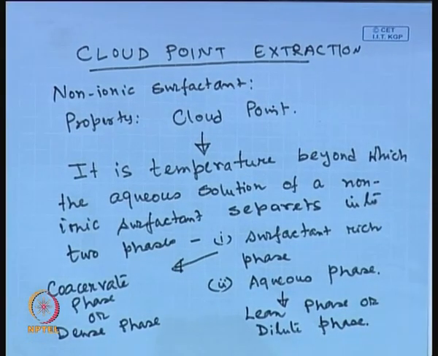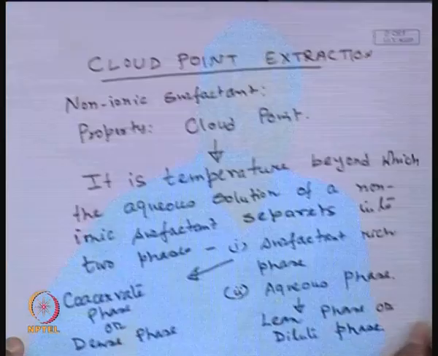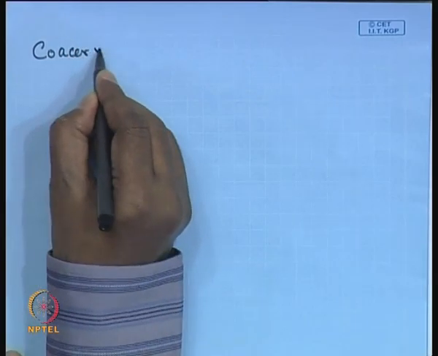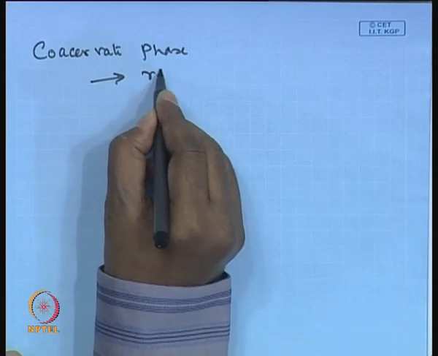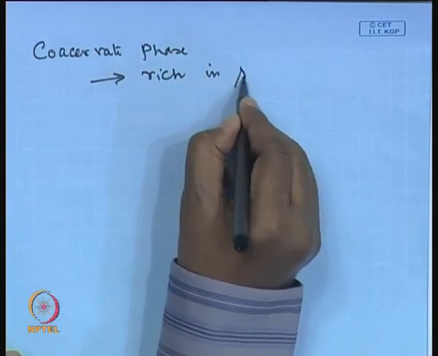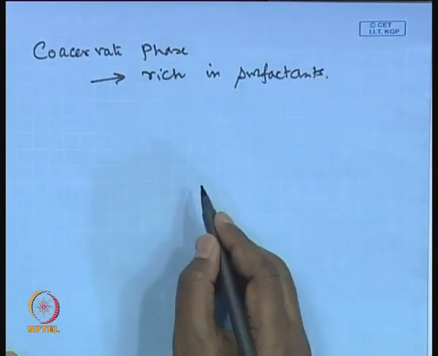Okay. So, the coacervate phase will be rich in surfactants, and it is mainly constituted by the surfactant micelles.